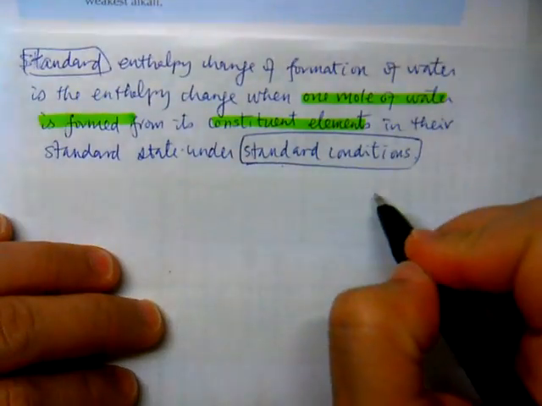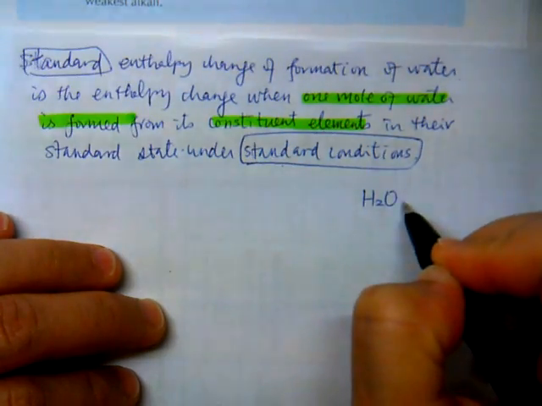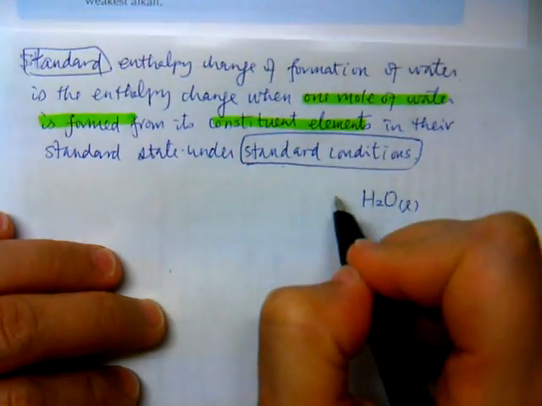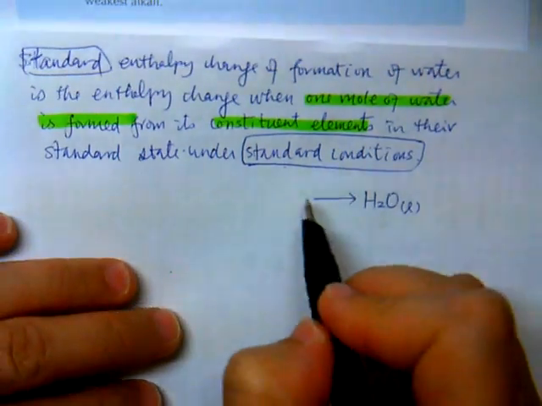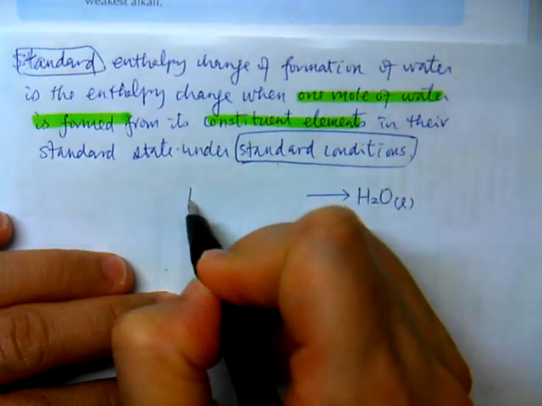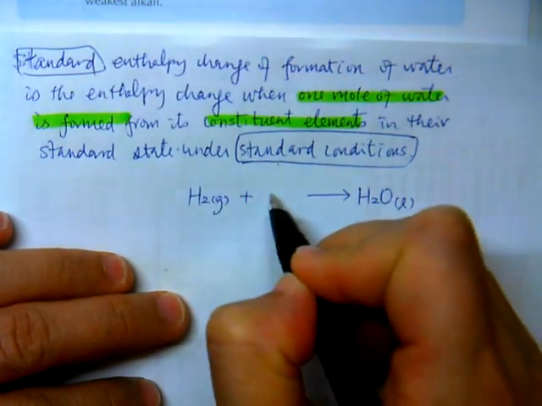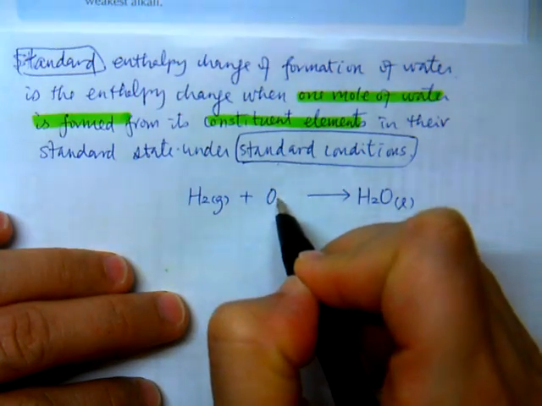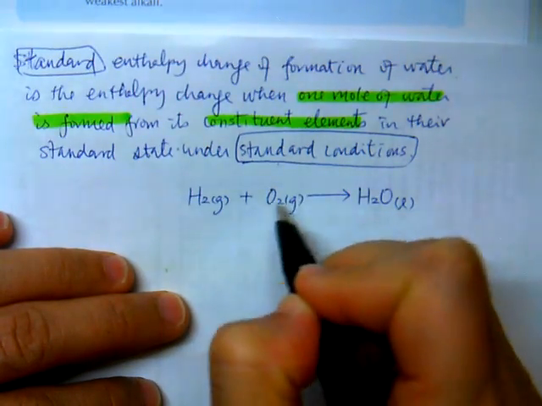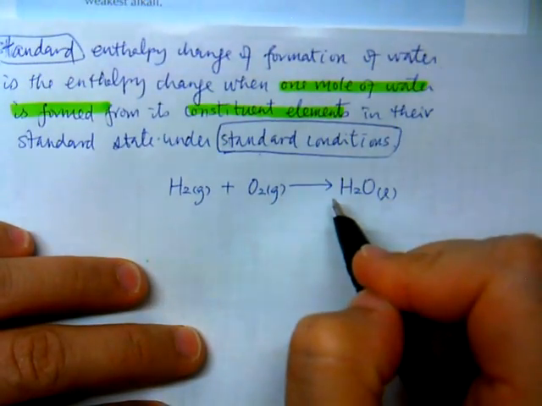That means water in this situation is the product. I need to write down water in the product side. From its elements. What are the elements of water? Answer is hydrogen gas and, pay attention, O2 gas. Now don't tell me O is not an element. It's not the formula for the element.